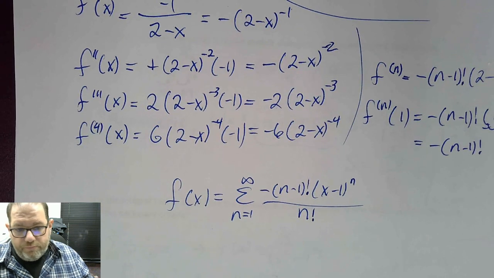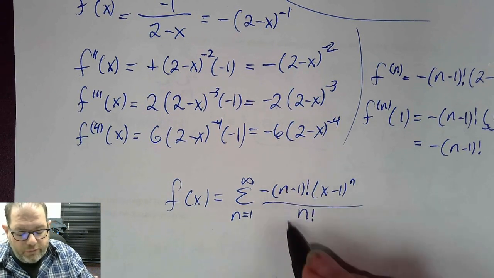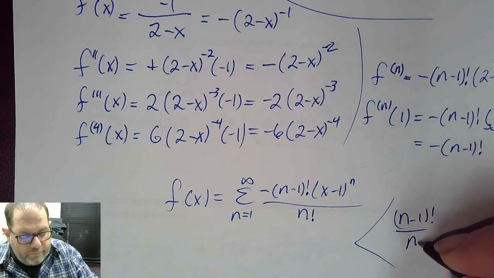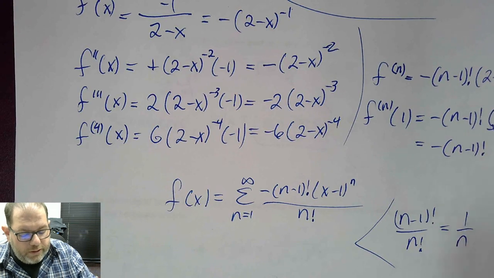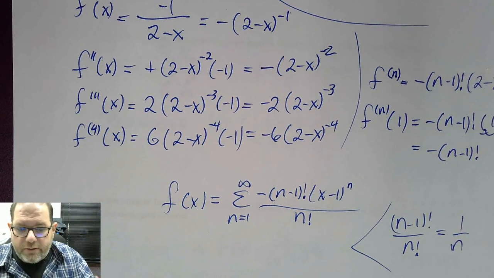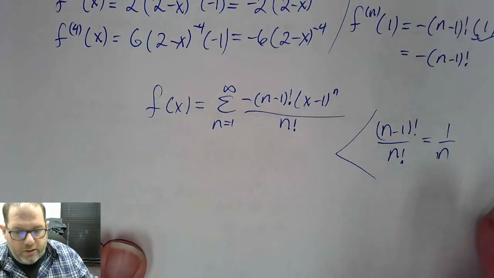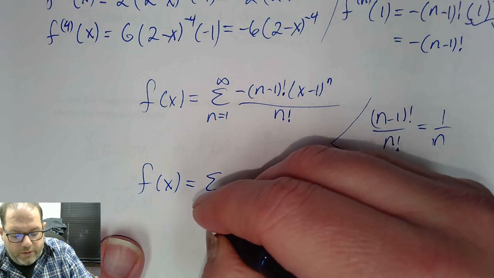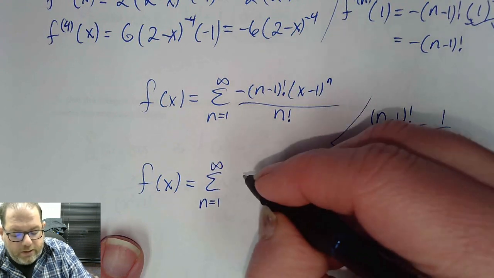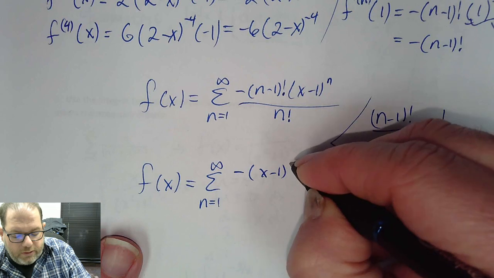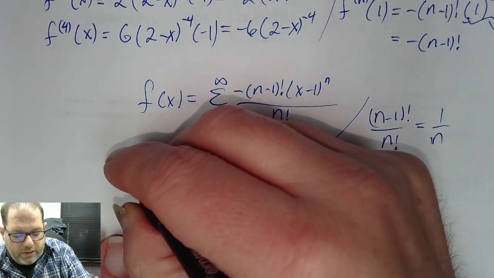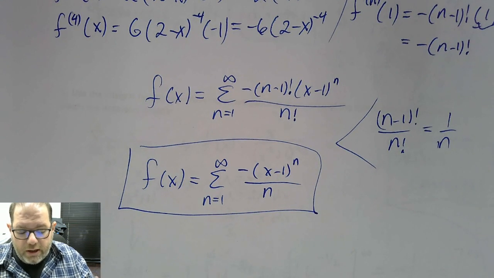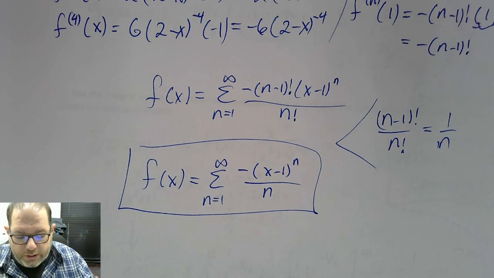But now, because we're dealing with these factorials, we know we can reduce those still. N minus 1 factorial over n factorial is just going to be 1 over n. It's just going to leave an n in the denominator in this case. So, as we simplify that, we get the sum n equals 1 to infinity of negative x minus 1 to the n over n. And so that is our Taylor series for this particular function, natural log of 2 minus x centered at 1.